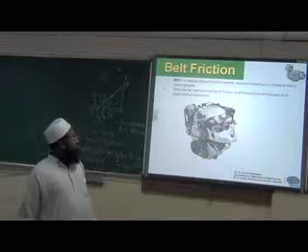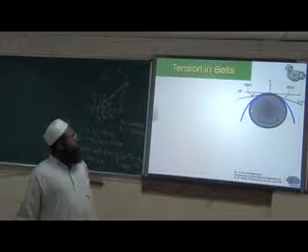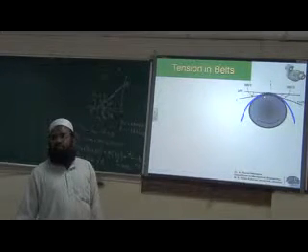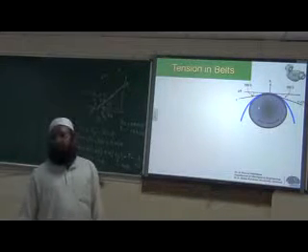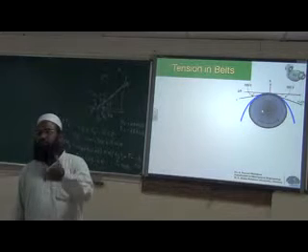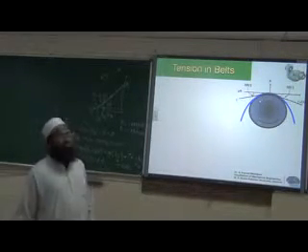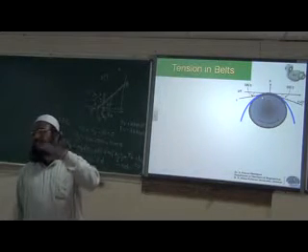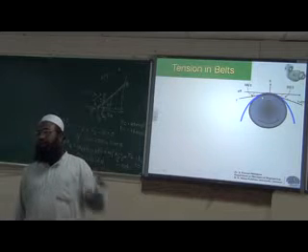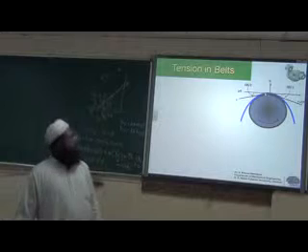Now you have a belt drive shown like this for analytical purposes. The transmission mechanism for a belt is the pulley. Pulley and belt form a pair, like gears, like cam and follower. Here pulley and belt form a pair.